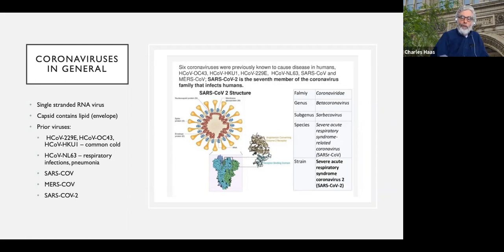Prior coronaviruses that have had this property include human coronavirus 229, human coronavirus 43, human coronavirus HKU1, all of which have been shown to be responsible for causing common cold.